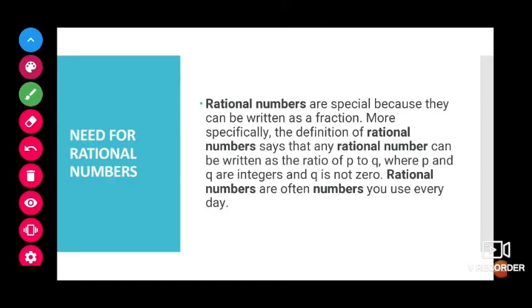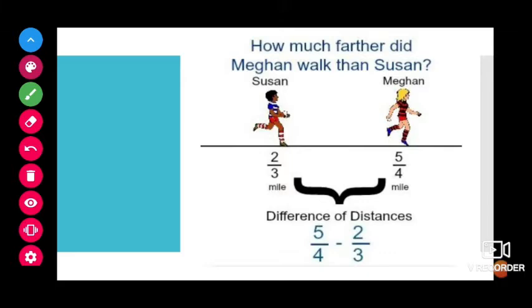Next one, why do we need a rational number? As I told you already, any completed numbers can be represented by using natural or whole numbers or integers. If it is something incomplete, see here: how much farther did Megan walk than Susan?